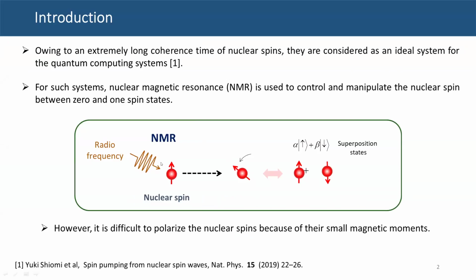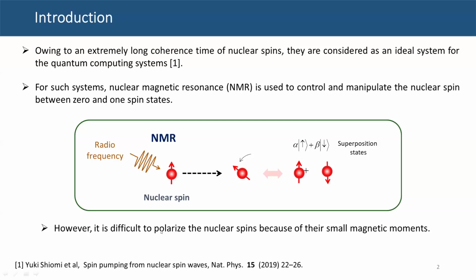We start from a steady state where we have a nuclear spin, for example, in the up direction. Then by applying radio frequency, you will be able to manipulate your nuclear spin between down spin and up spin, and also you can control all superposition states between these two directions, which is what quantum computing devices need.